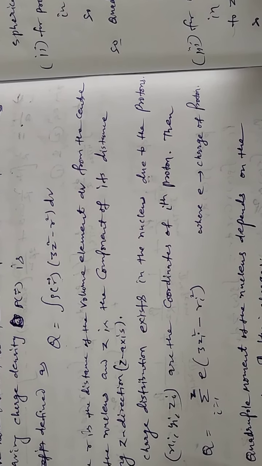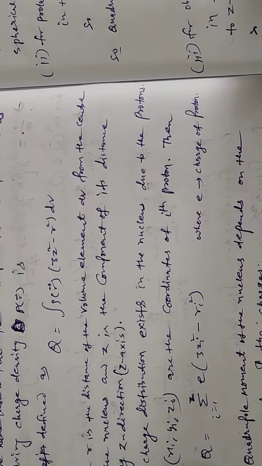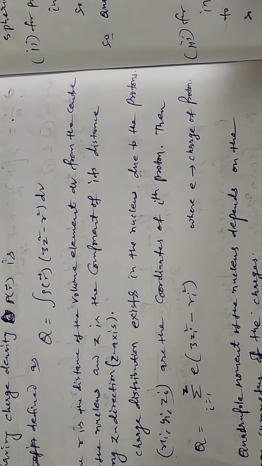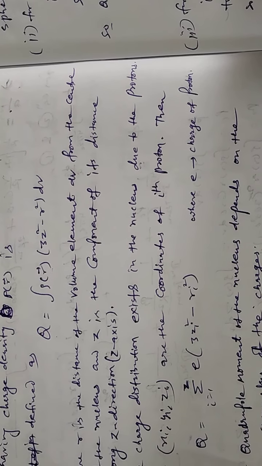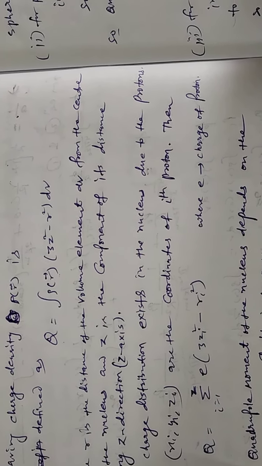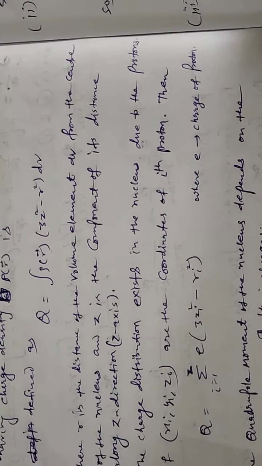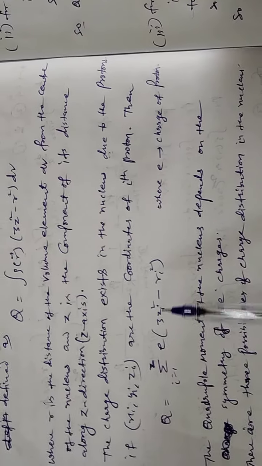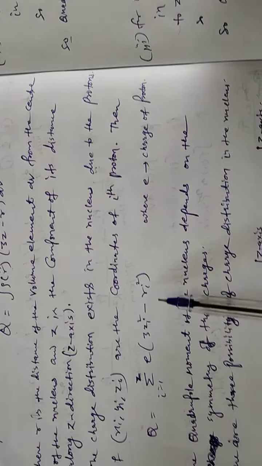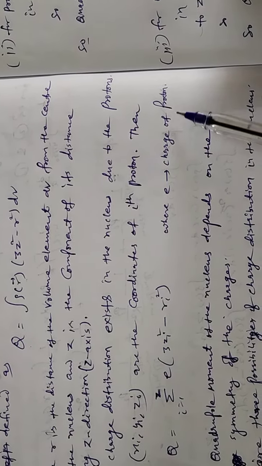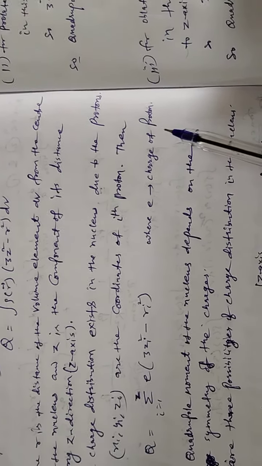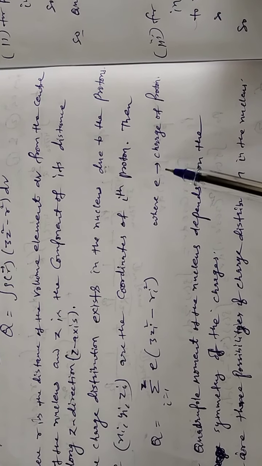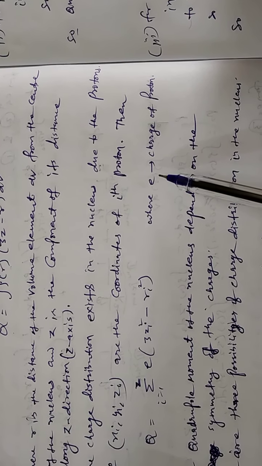If the coordinates of one such proton are xi, yi and zi, then due to this proton the quadrupole moment is given by this equation. Here e is the charge of the proton. Since all protons have equal charges, there is no mention of ei.